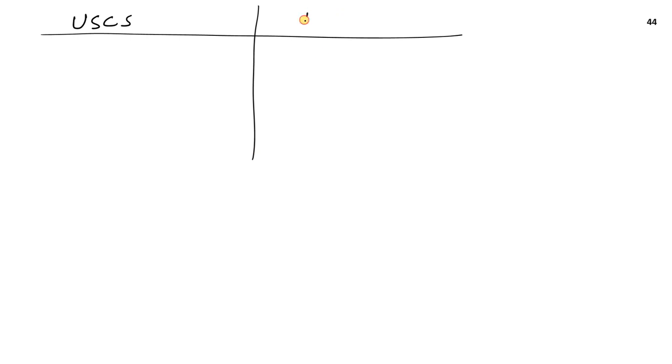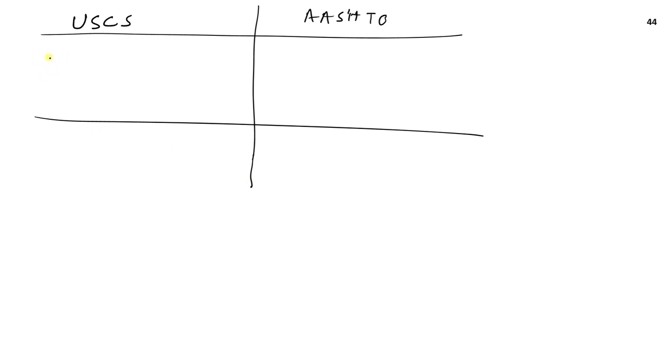On one side I'm going to write USCS, the unified soil classification, and on the other, the AASHTO classification. In the unified classification, if passing number 200 is less than or equal to 50%, this is called coarse grained soil.